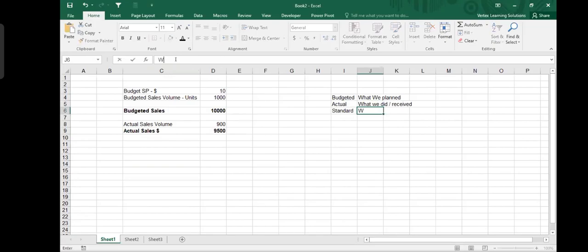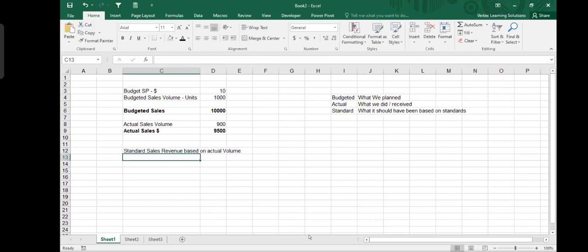Standard is what it should have been based on standards. What does that mean? Now, if I say standard sales revenue based on actual volume, this is the statement I'm writing.